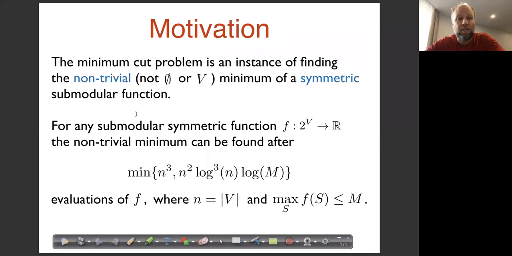And now for this more general problem of finding a non-trivial minimum of a symmetric submodular function, we actually know that that can be done with at most n cubed queries when the size of V is n. That goes back to Queyranne in the 90s, and some very recent results even give an upper bound of n squared times log cubed n times log of m, where m is an upper bound on the largest value that your submodular function f takes on.